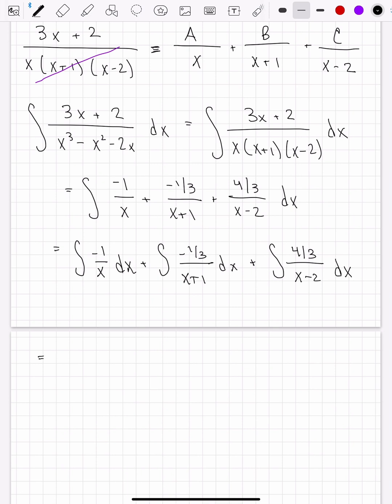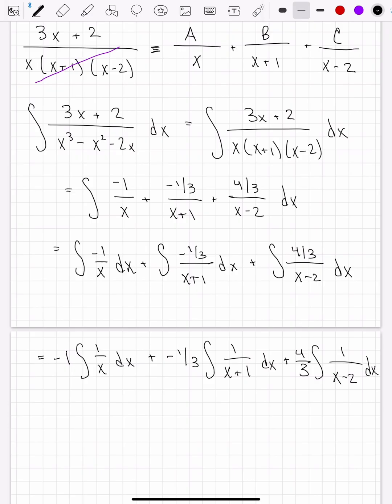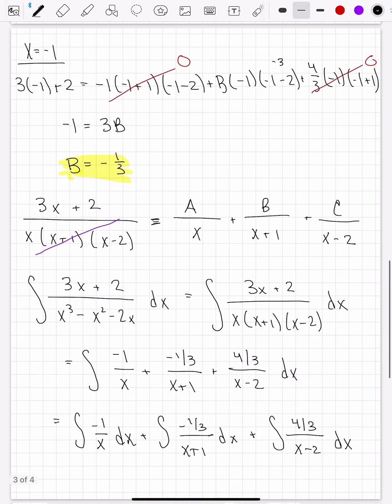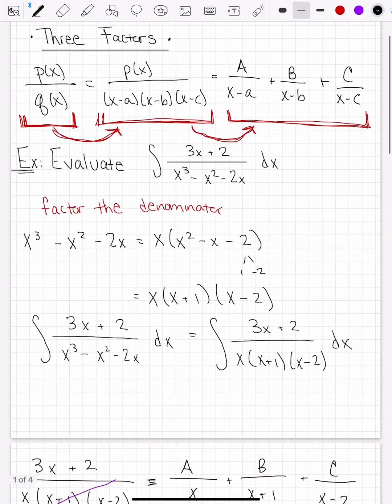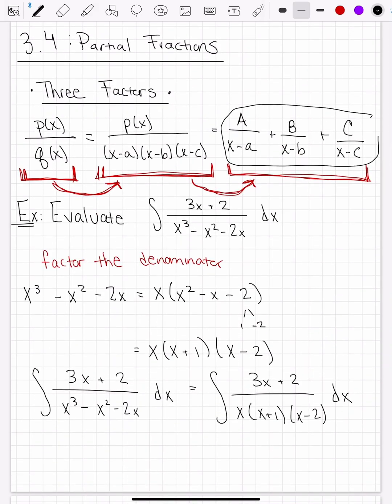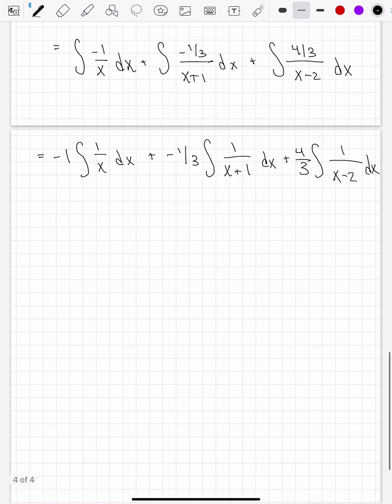Right, and now I can pull out constant multiples, so I can simplify the numerator on all of these fractions by just pulling out the constant that it's being multiplied by. So then I pull out the 4/3, and then, right, your integral at the end is always going to be a similar flavor, because that's literally how we're setting up these factors, right? Like your integral is always going to look like this, so you always know it's going to be a u sub with the ln functions, right? Just like we saw in the last example.